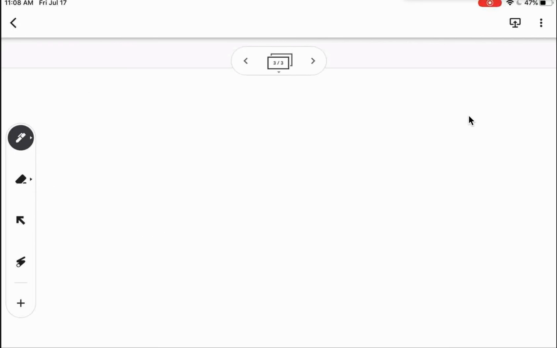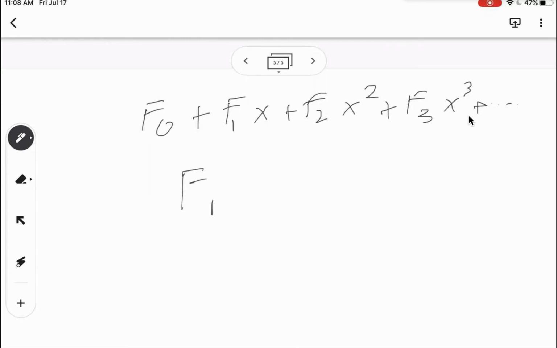Okay, let's look at this example. Let's say we wanted to find the generating function of the Fibonacci numbers. This would be a little bit more abstract, as what we want is f of 0 plus f of 1 x plus f of 2 x squared plus f of 3 x cubed all the way to infinity, where f of i is just the ith Fibonacci number.